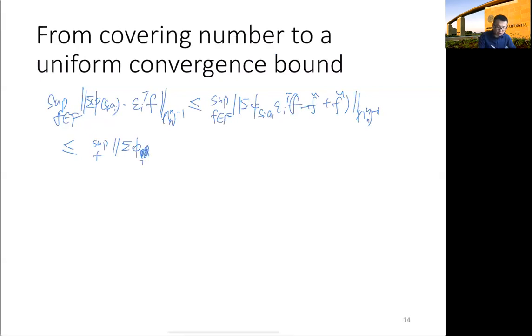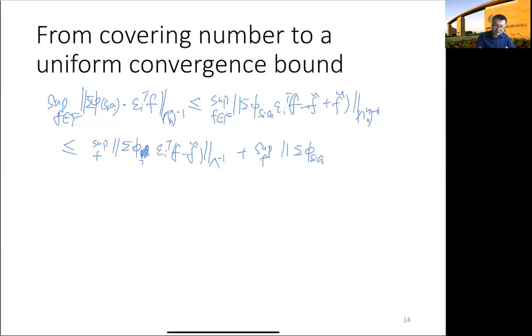I'm just going to write phi_i to simplify the notation a little bit. f minus f tilde. I'm going to just write this rather than writing out everything. So of f, and the second term is actually completely independent of f.